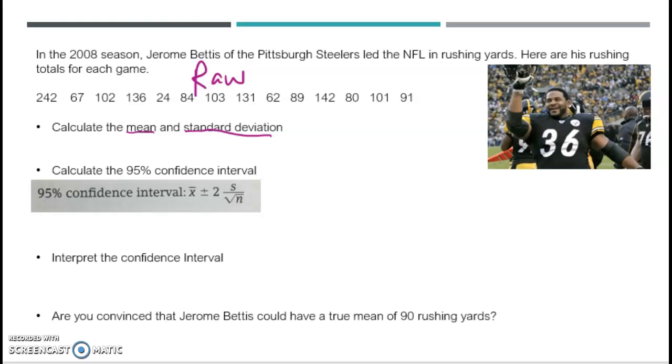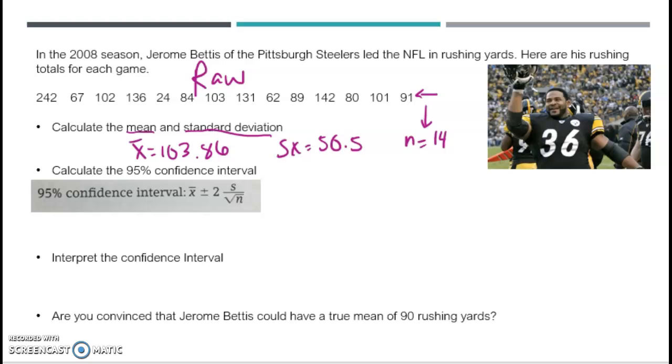Okay, so from those values, it told us that the mean was equal to 103.86. The standard deviation is 50.5, and it told us that our n was 14, so there's 14 total numbers here.